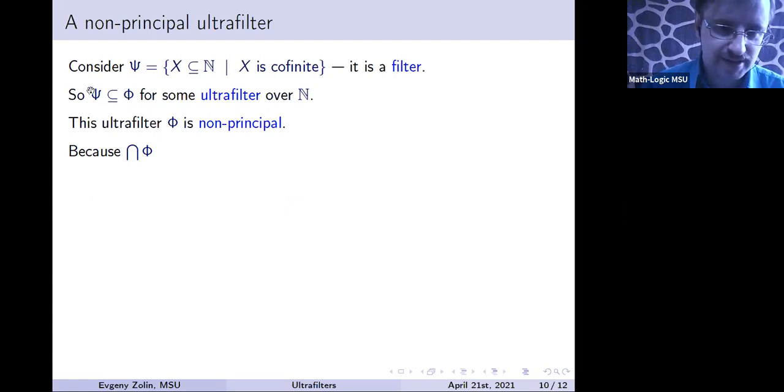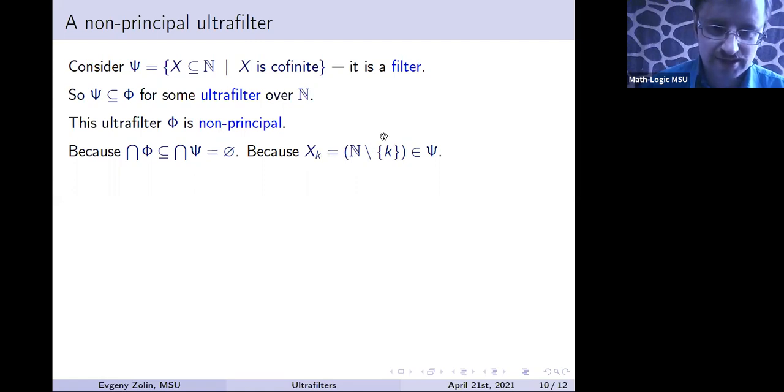Among these sets, there are sets from psi, but the intersection of these sets is empty. Because we can consider these cofinite sets n minus the singleton k. They are in psi, and the intersection is of course empty. No natural number belongs to the intersection.